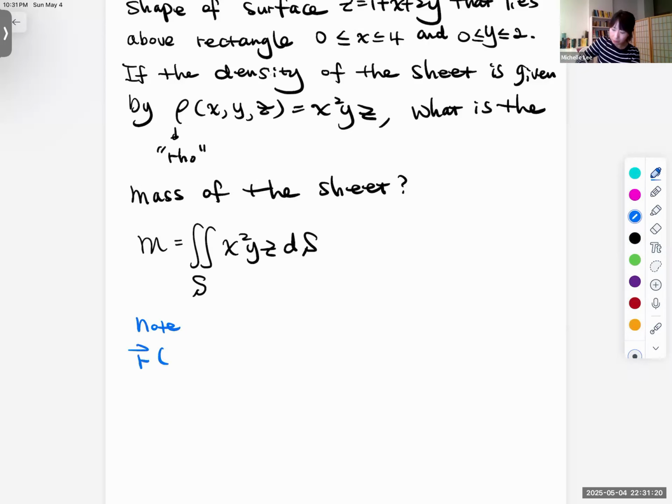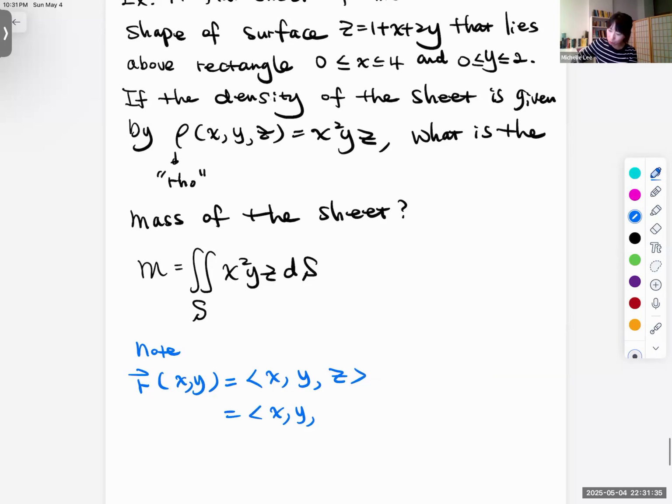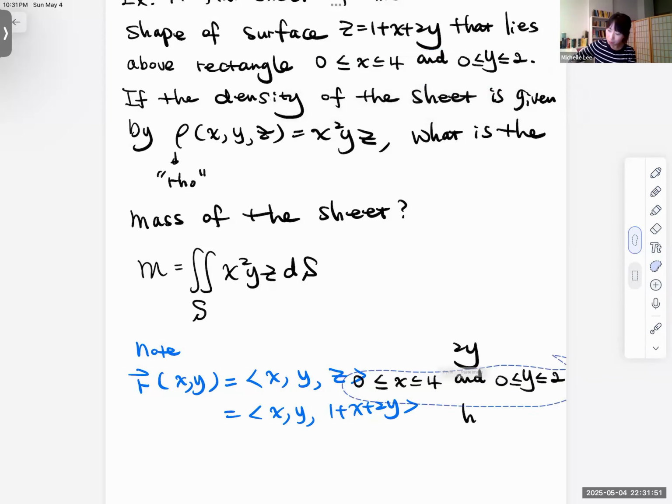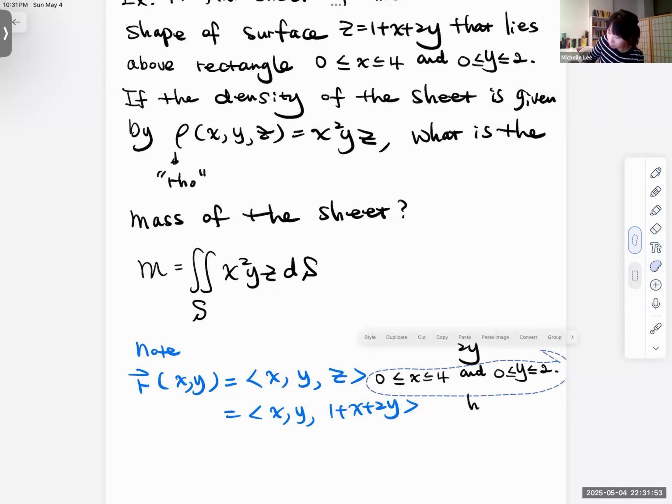So r of x, y, instead of u, v, is x, y, and z is 1 plus x plus 2y. Then x is between 0 and 4, and y is between 0 and 2. Let's use that: copy, paste, and here.